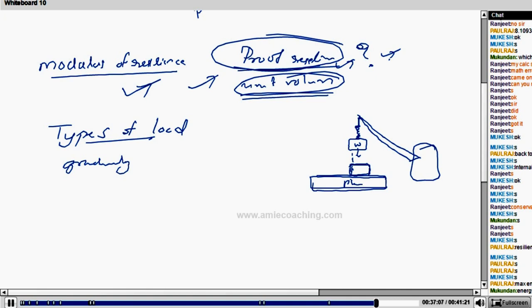That means very slowly we are placing one material on a platform or on a surface, or very slowly we are applying a force on a material starting from 0 to maximum. Agreed?